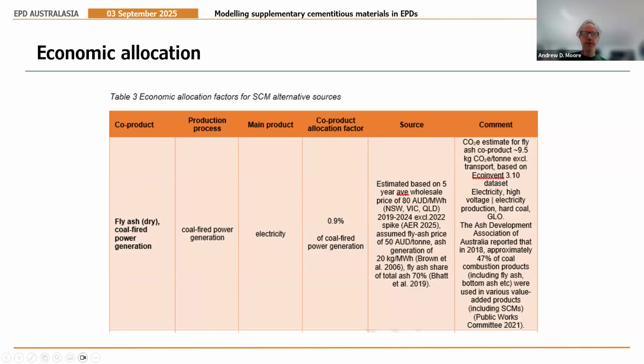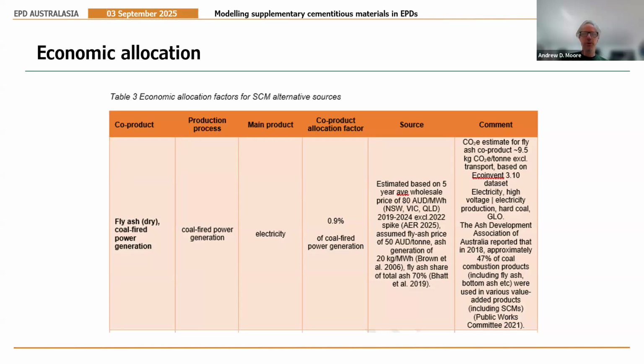So if we went through a scenario looking at the 5-year average wholesale price of electricity for New South Wales, Victoria and Queensland, excluding 2022, because the wholesale price of electricity was really high during that period, way off the normal trend.